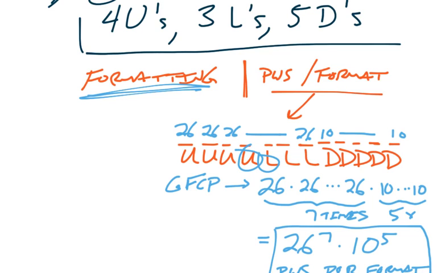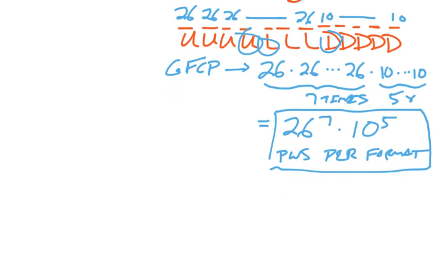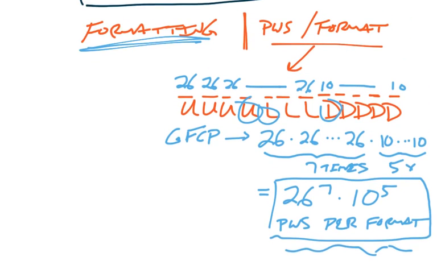You've fundamentally changed the password by moving an uppercase letter and replacing it with a lower, or by interchanging an uppercase letter and a digit, or a lower and a digit. No matter what you interchange, you're not ever going to get the same password back. So we're going to generate this many, 26 to the 7th times 10 to the 5th, passwords for every distinct format that we can come up with.